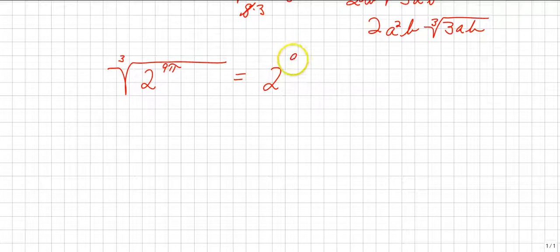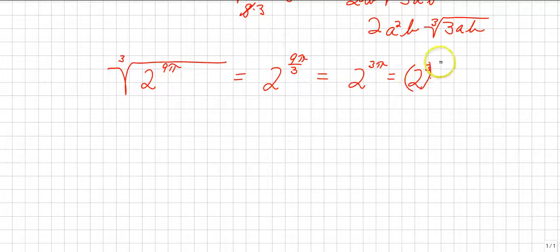So the 3 root becomes the denominator, and then we'll just simplify that power now. 3 goes into 9 pi 3 times, so it becomes 2 to the 3 pi power, and that is equal to 2 to the 3 to the pi power. Remember, a power to a power, you multiply those powers, so going backwards, 2 to the 3 to the pi becomes 2 to the 3 pi. Now 2 to the 3 is 8, so we can write that as 8 to the pi power, and that's as simplified as it's going to get.